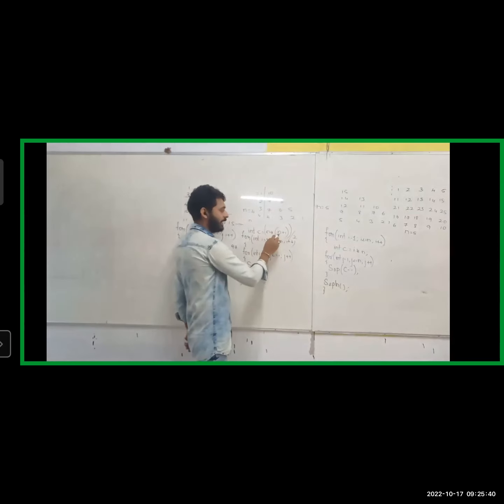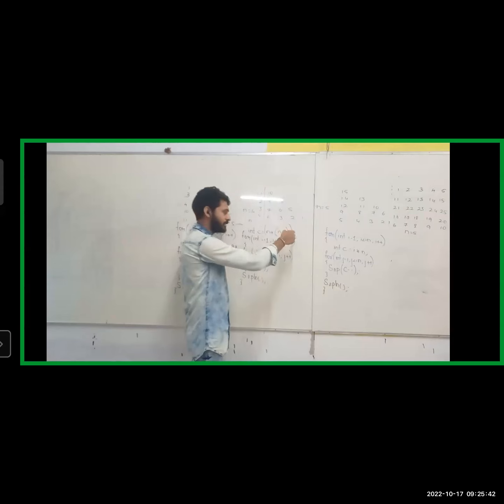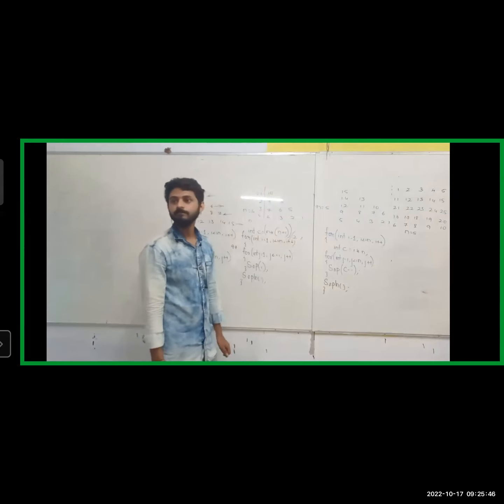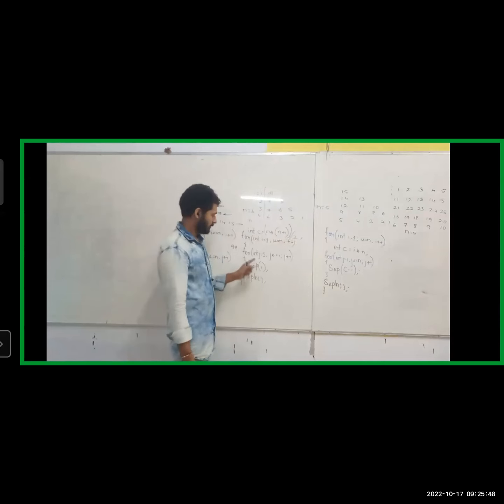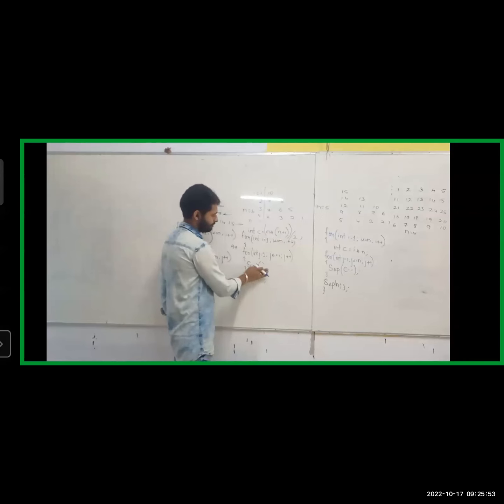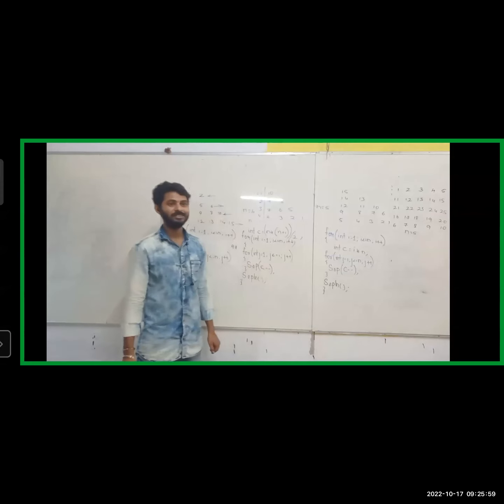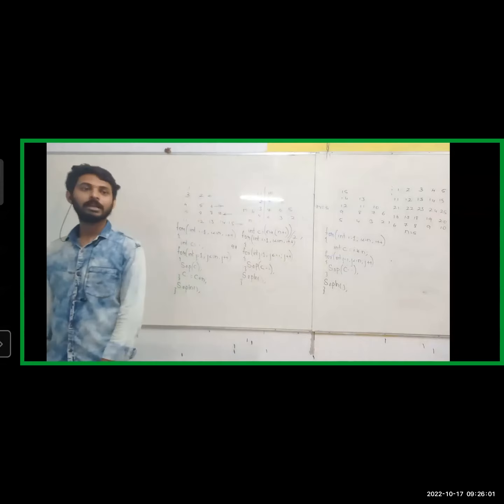Getting my point? N into n plus 1 completely you should finish and then the whole divided by 2 you should do. Got it? And this one you can say no. Nothing much in that. Clear?